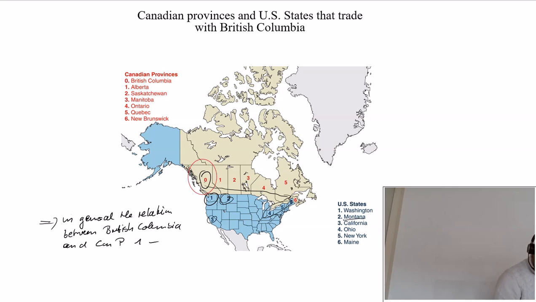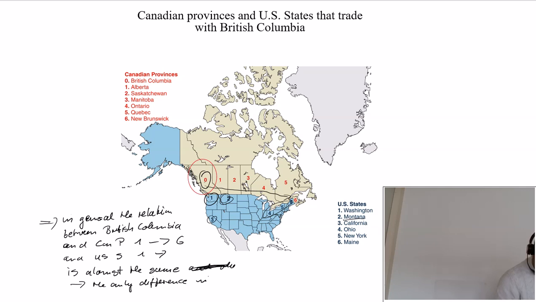Canadian provinces 1 to 6 and US states 1 to 6 is almost the same, and the only difference in the relation is the national border between USA and Canada.